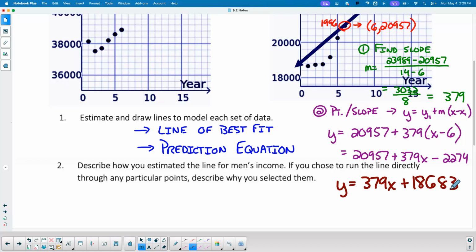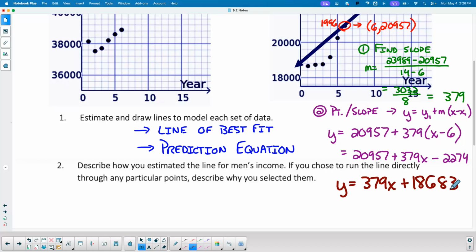What else is it telling us? 18,683 was like the start, and it's all added on from then. When is this $18,683 from, though? 1990. 1991 was year number 1.